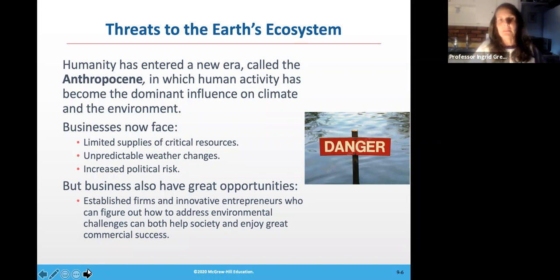Let's talk about how businesses also have great opportunities. So on the opposite side, established firms and innovative entrepreneurs who can figure out how to address environmental challenges can both help society and enjoy great commercial success. So for some of you, you might go into a startup that does something really great for the environment.